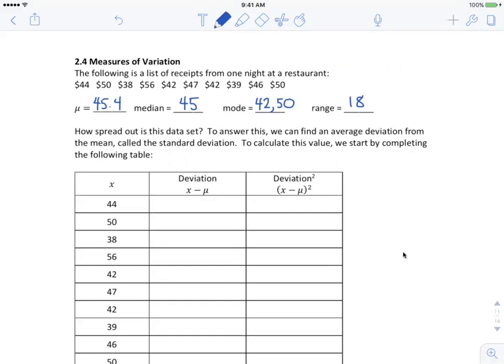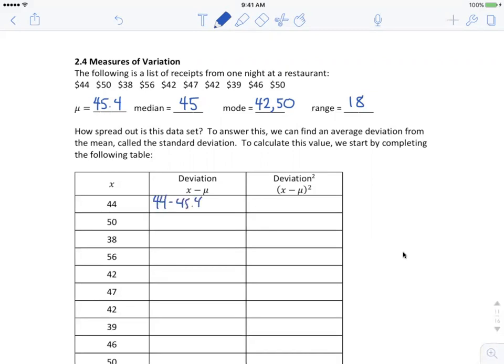What we're first going to find are the deviations of each data value from the mean. Okay, so in other words, when we have this table here, the first number is 44. The question is, how far away from the mean is that value? So what I'm going to do is just a little subtraction, 44 minus that calculated mean.